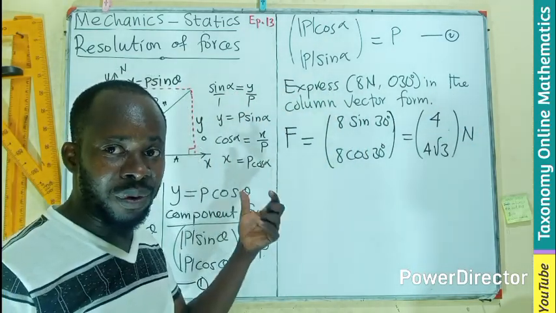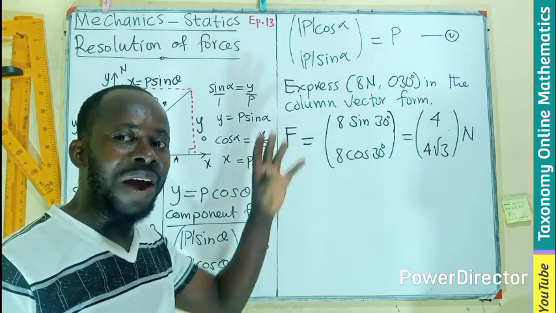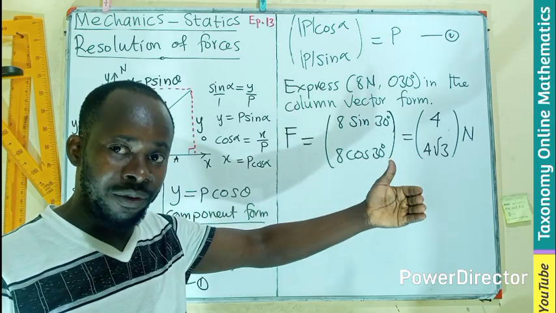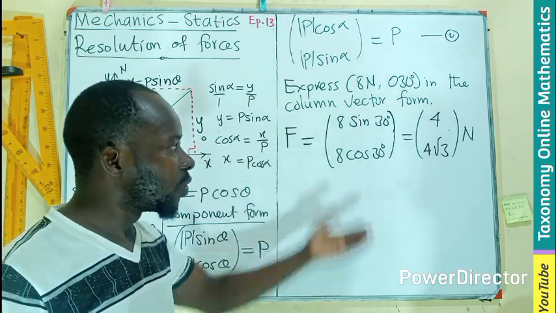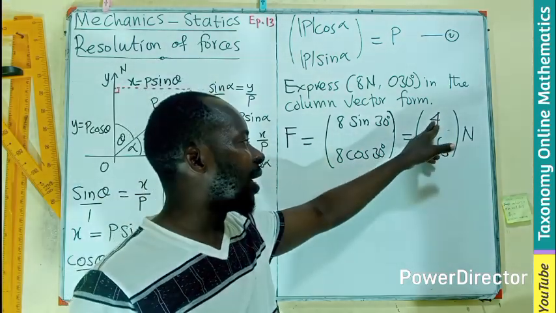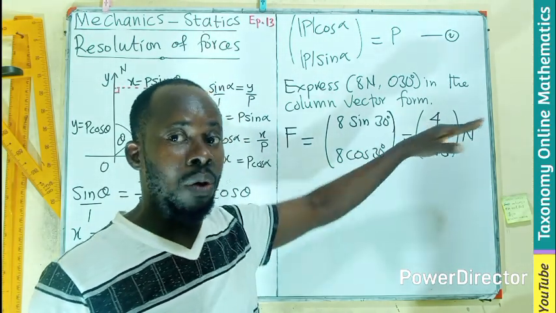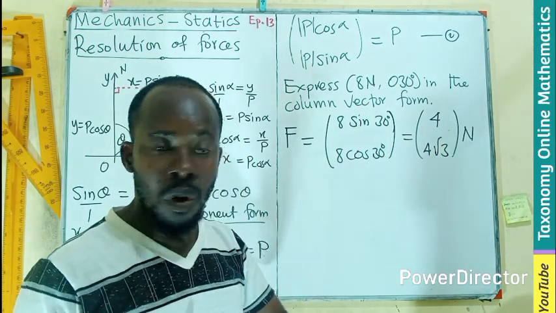So this will be the resolution of forces in the magnitude direction form into the vector component form, or better still, the column form or component form. So this is what you can see. This is the x component, which is the horizontal component, then the y component, which is the vertical component.